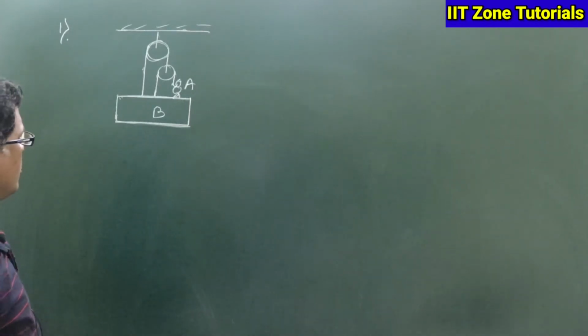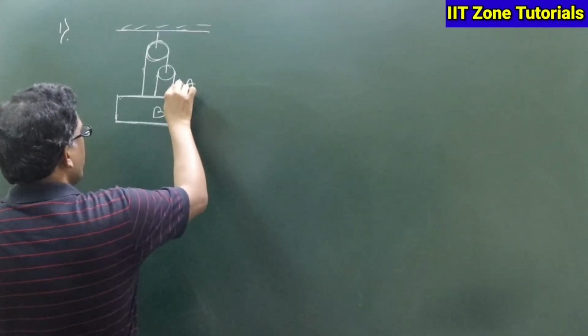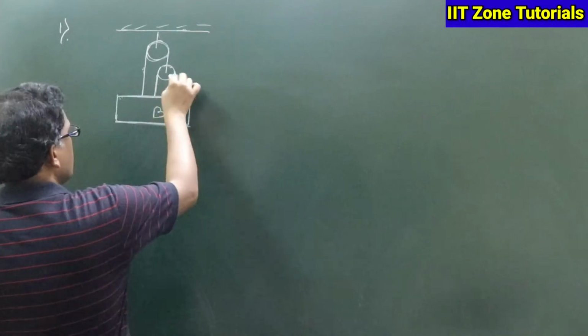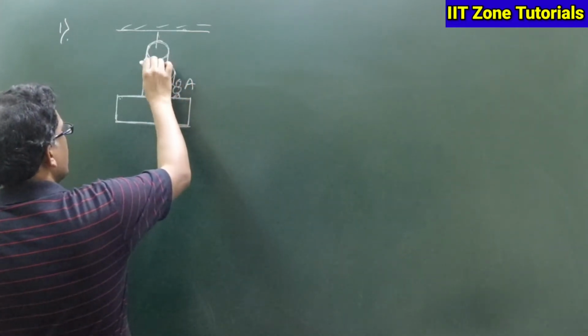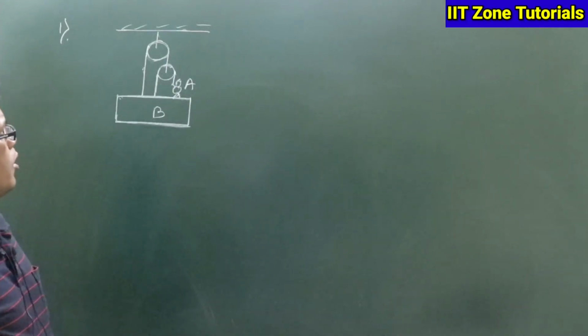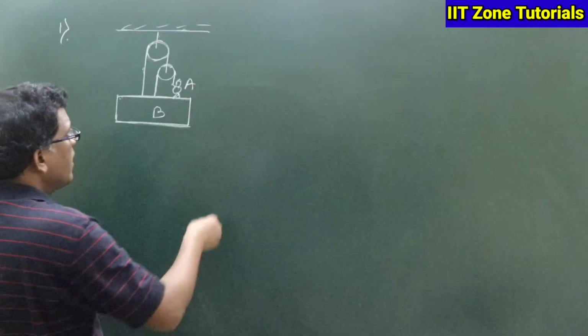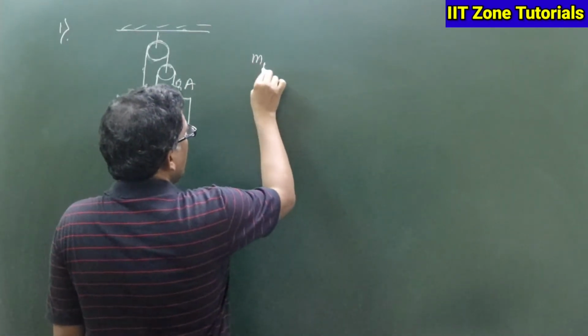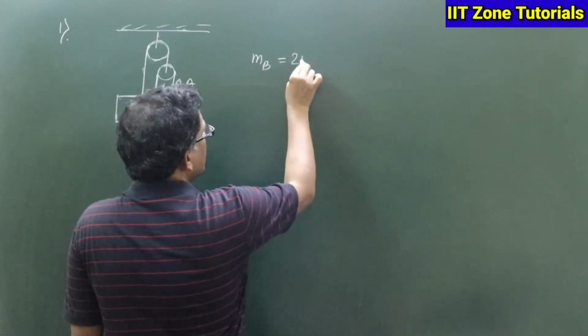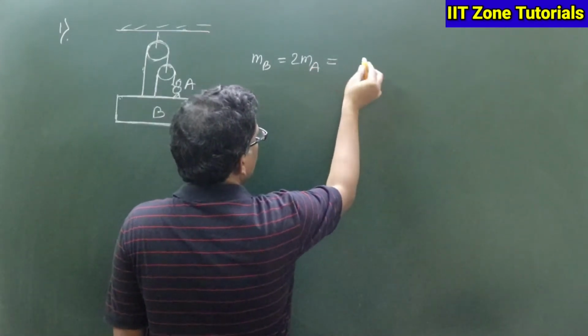A is pulling the rope passing through this pulley as per the arrangement you can see. With what force should the man pull the rope so as to balance the system? It is saying that the mass of B is twice the mass of A, right?